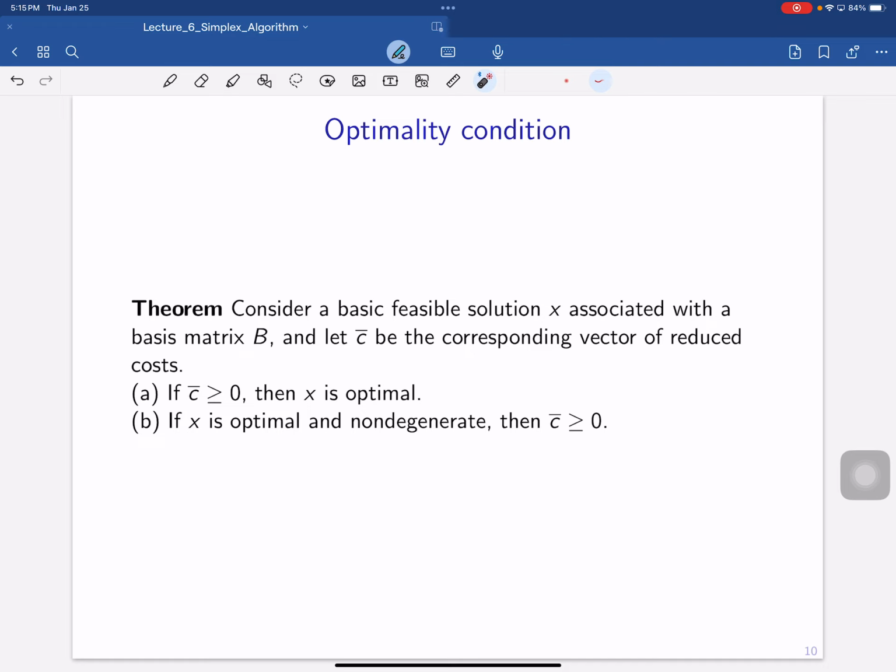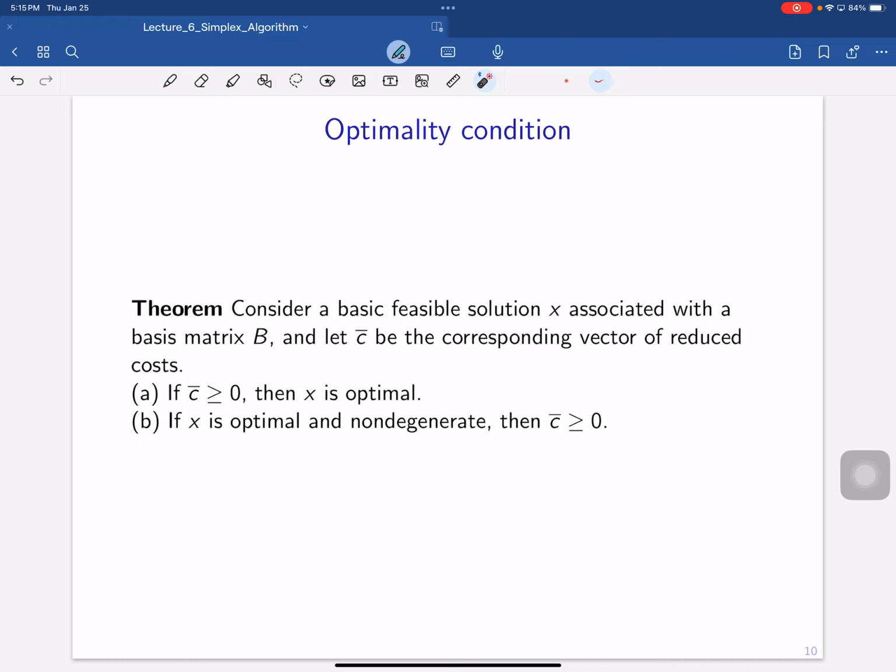The reduced cost means, if you go along those basic directions, how much the objective will change. The theorem is saying that if going along all those basic directions increases the cost, then you are at the optimal solution, because you tried all those directions already and none of them will help you decrease the cost. That certifies you are already at the optimal solution.